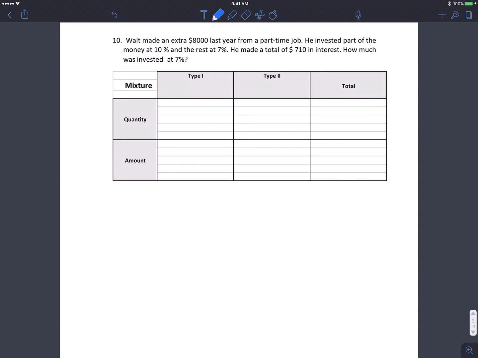One that pays 10% and one that pays 7%. Think of the money as quantity in dollars here. So we don't know how much was invested in the 10% account, so we're going to call that X. We don't know what the quantity is in the second account, so we're going to call that Y. It's a different letter.